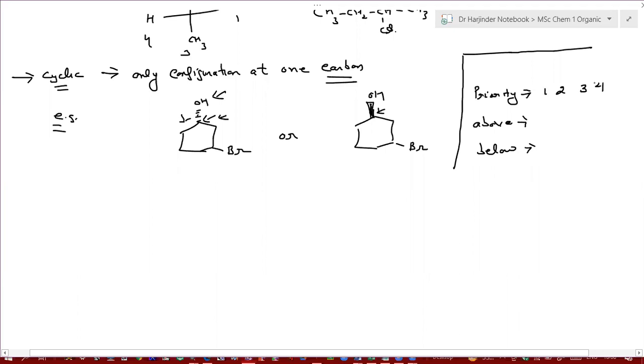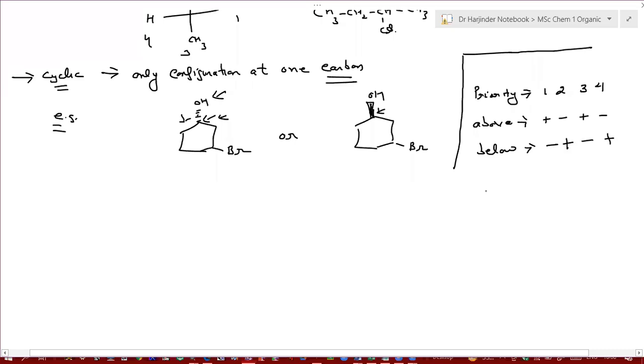The priority of which group? Of the group whose configuration is shown, that means that group is either above or below. Its sequence is: if it is above the plane, then plus, minus, plus, minus. If it is below the plane, minus, plus, minus, plus.